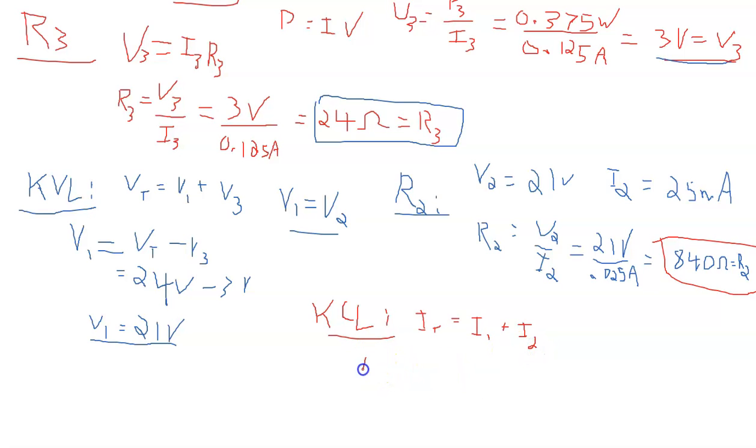And so it's I1 we're trying to find right now, and it is equal to IT subtract I2, and we have 140 milliamps that we calculated for IT, and 25 milliamps for I2. So I1 then is 100 milliamps.